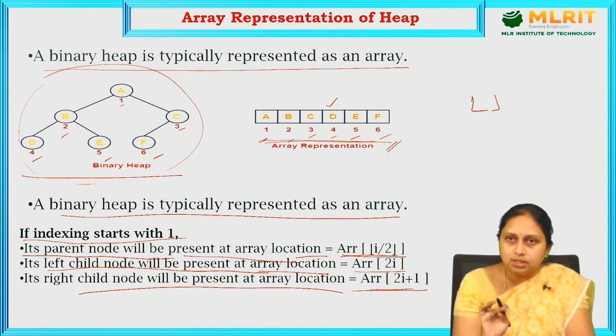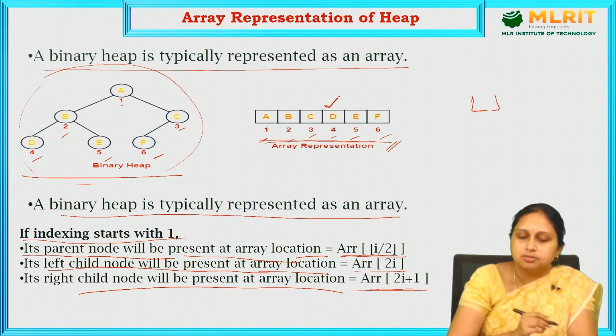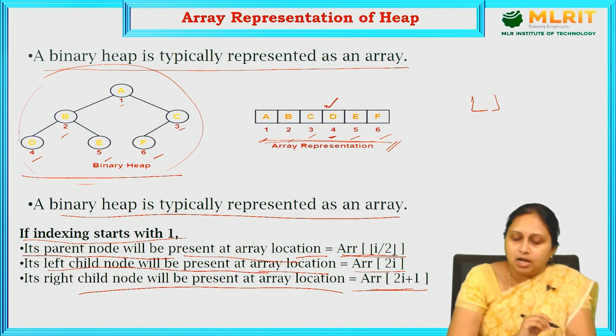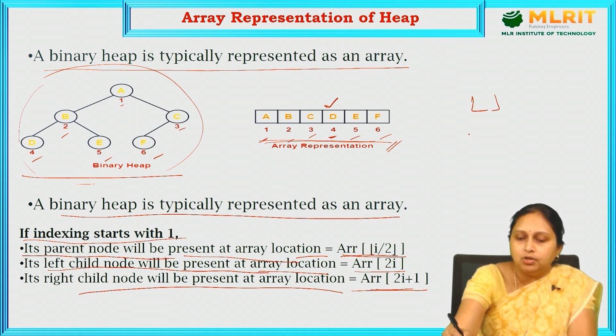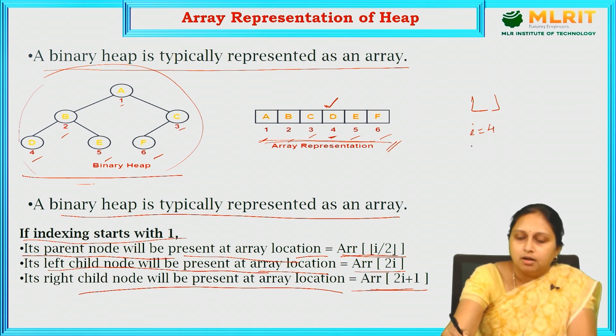Now from this I am going to identify. Now D is at which index? Index number 4. Right? Now what is my I value? I value equal to 4.